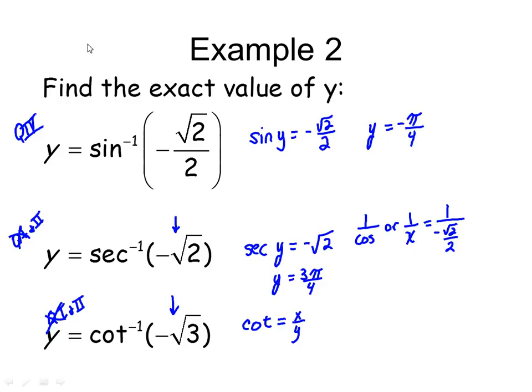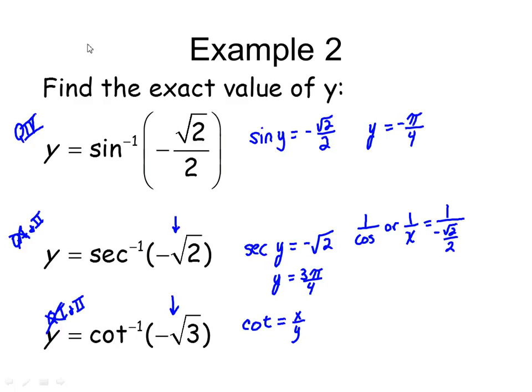Put the x coordinate over the y coordinate and simplify as far as you can. Whichever one of those 2 gives you negative square root of 3, you got the answer.